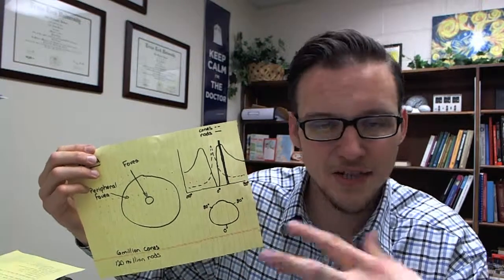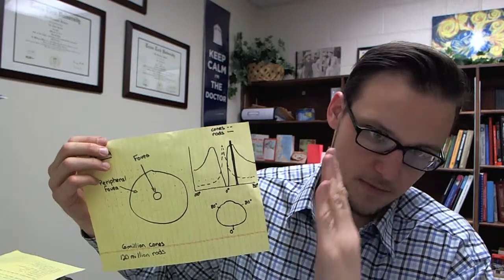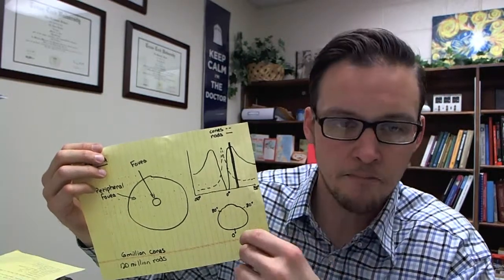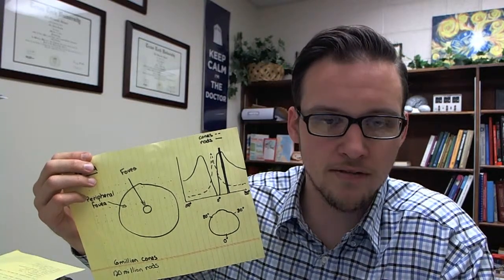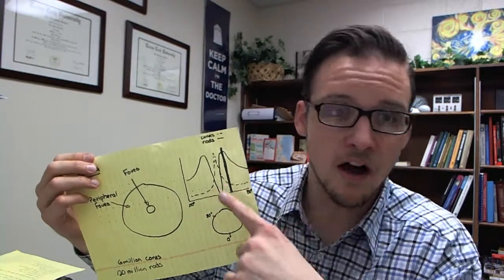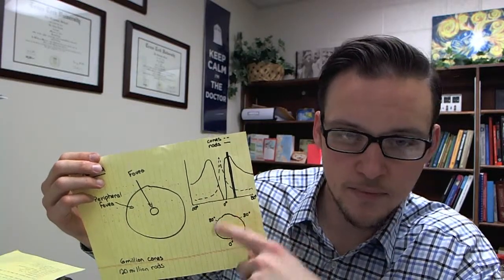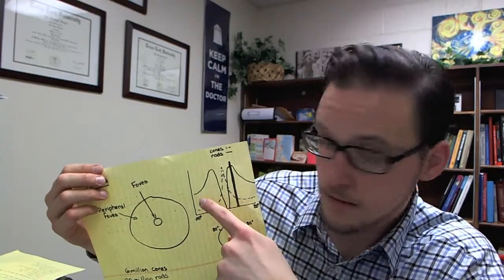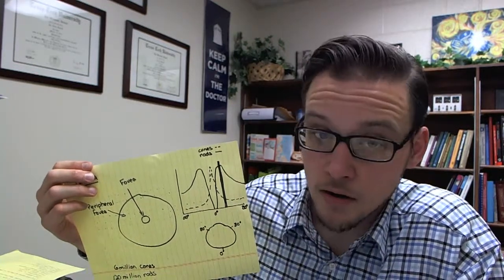Whereas rods do kind of the opposite. There's almost none at the direct center of the eye, but then they increase dramatically in density as you move slightly away from center, and then they trail off. But in the peripheral areas of the retina, they are always higher density. There's always a higher number of rods than there are cones.